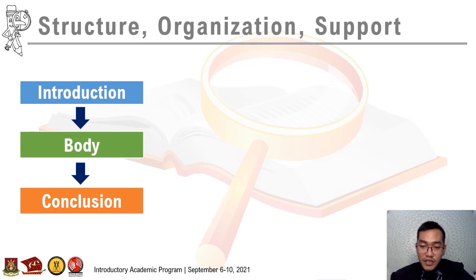The intro contains our main idea, our thesis statement, and the body discusses our ideas. And then the conclusion wraps up our paper, our essay, and restates our main idea. Although this is very basic, it is still very applicable to any write-up you will make.